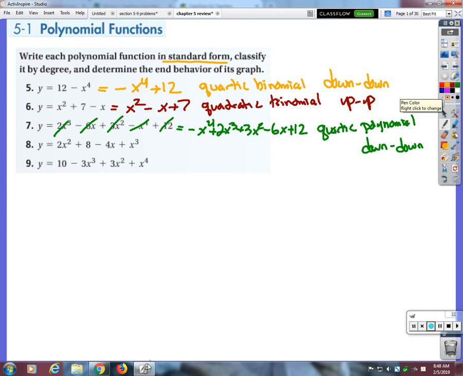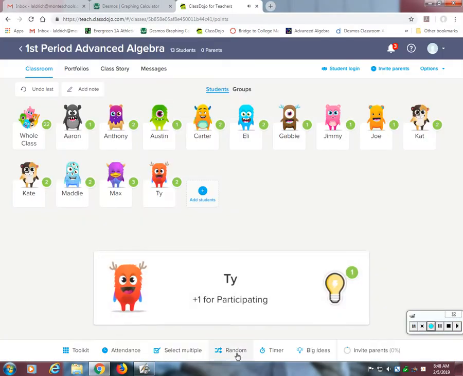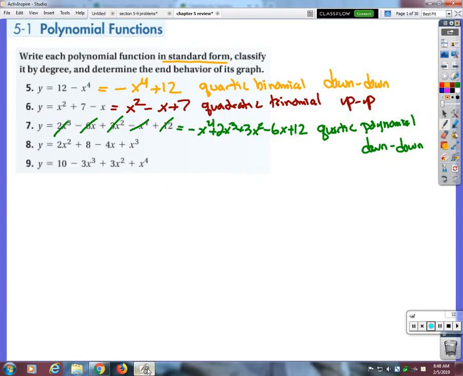All right. Is this ringing a bell? No, not so much. What kind of a polynomial is that?